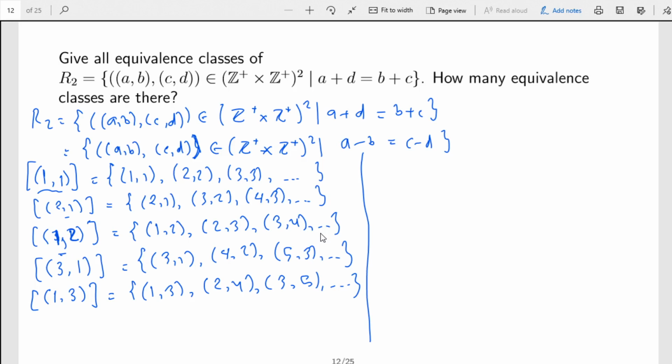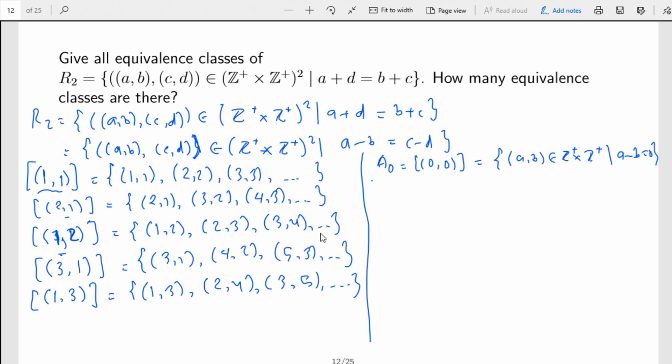So essentially you could write the equivalence classes like this. a0, represented by (0, 0), or rather (1, 1), is the set of all pairs (a, b) of positive integers such that a minus b is equal to 0.